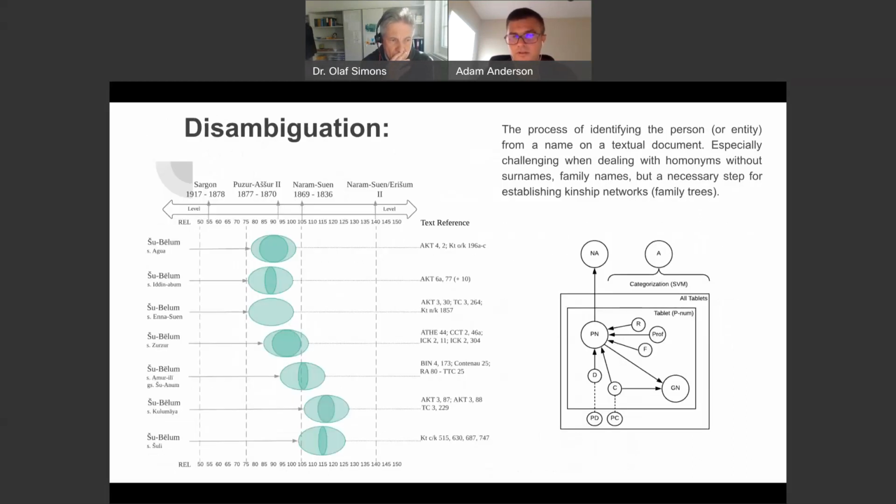So the main goal that I've been focused on is what's called prosopographical disambiguation. So the idea that we could identify a number of people mentioned, or names mentioned, across these tablets as people, as we identify that these instances correspond to one Shubellum or another.